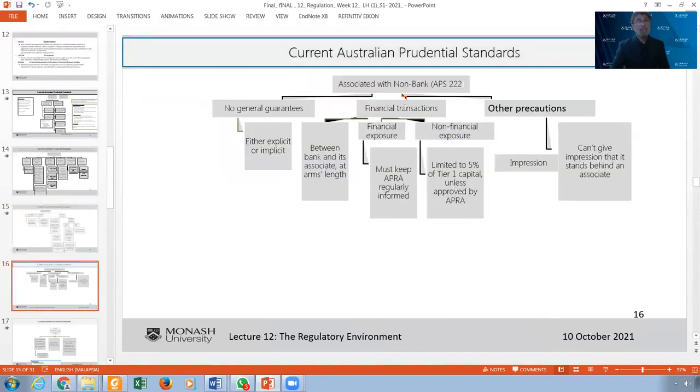We have also the associates, and this is an important issue. See, the problem with banks is they have some subsidiaries and they have associates, which means you will find a bank who buys an insurance company. You will find a bank who is taking over a provider of payment systems.